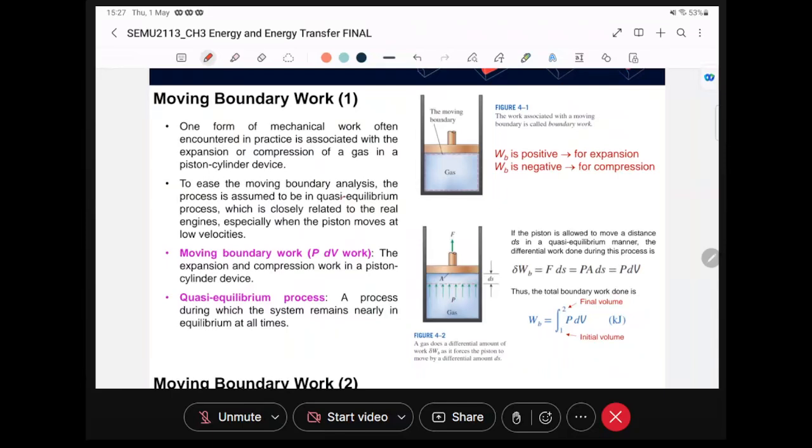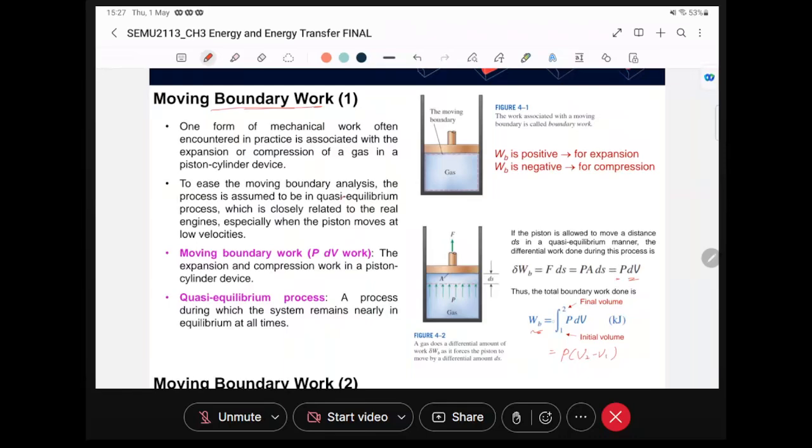Moving boundary work is really just another type of work, which we write as pressure multiplied with the change in volume. Remember just now we had many different types of work, where the equation is different. For moving boundary work, it's P times (V2 minus V1). The change in the volume under this pressure is what results in the work.